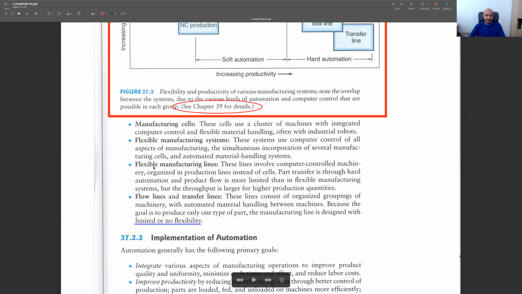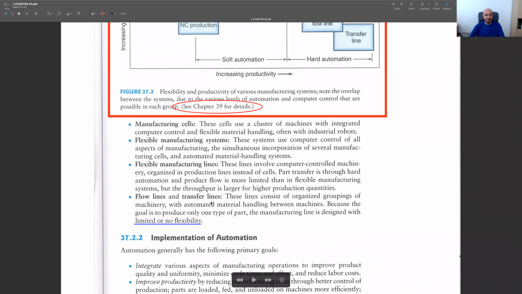Then comes flexible manufacturing lines. As the name implies, again, we have some flexibility, and in addition, we have lines. So once you have a line, then that means your productivity will be higher, since probably your manufacturing line is producing a single type of product. But the thing is that with little modifications, maybe with little software updates and little hardware updates, you can produce different parts on the same manufacturing line.